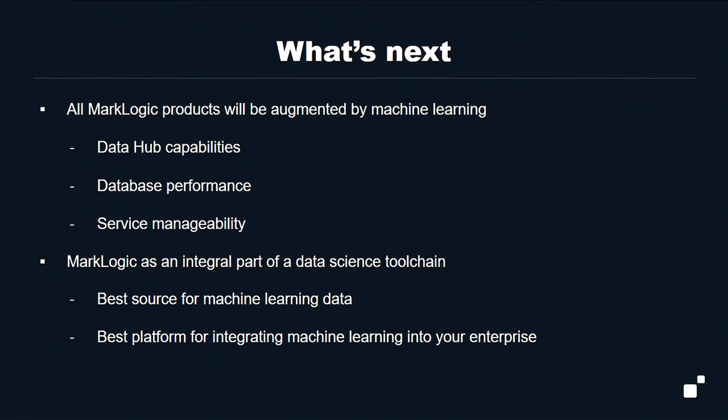As a part of a data science tool chain, MarkLogic is also showing to be really valuable. It's the best place for finding and managing the data that you use in a machine learning environment. With MarkLogic 10, now it can be the best place to actually run those models that you've created and become the platform where you expose that to find value, as opposed to just using it to build a model to work somewhere else.